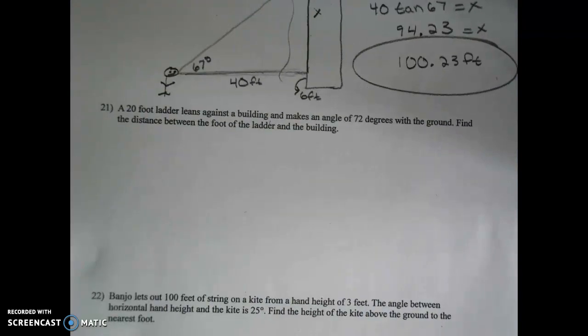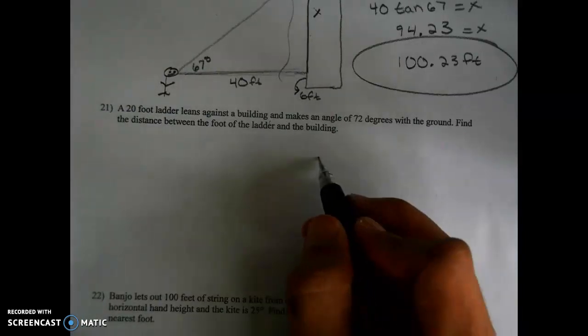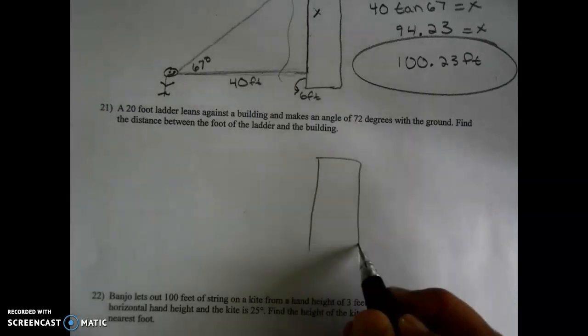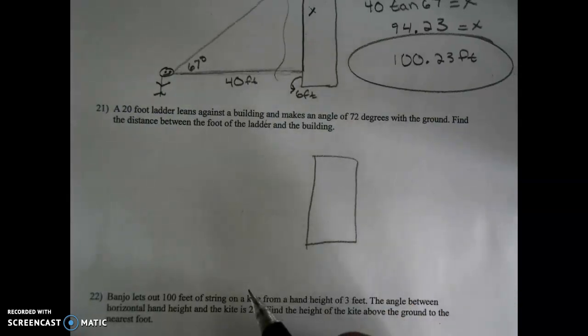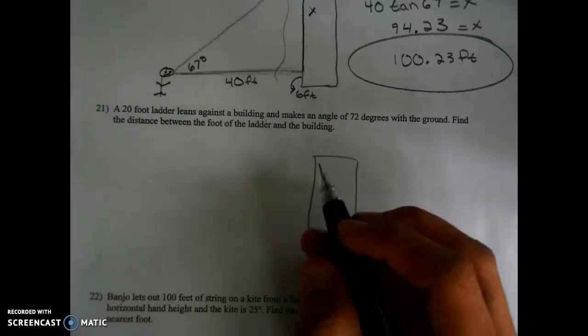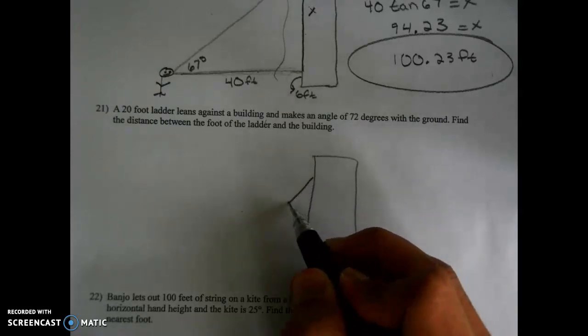Next one, number 21. It says a 20-foot ladder leans against a building and makes an angle of 72 degrees with the ground. Find the distance between the foot of the ladder and the building. Okay, let's draw a picture. Let's just say this is our building. Okay, 20-foot ladder, so there's our ladder here.